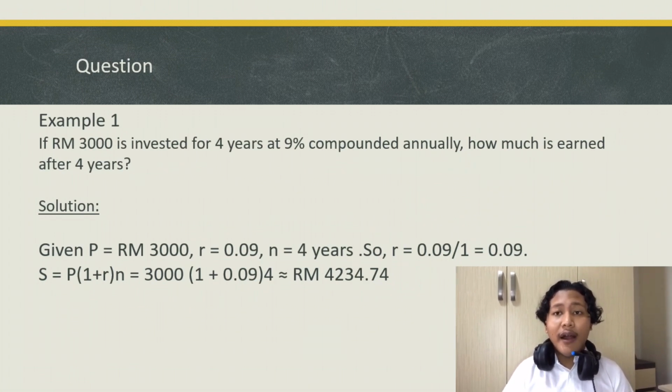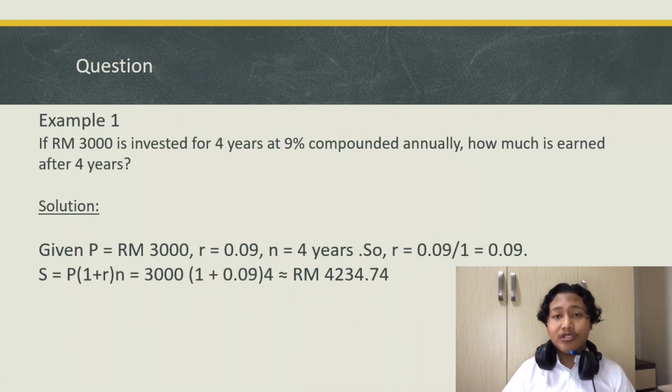For better and deeper understanding, I will give you 2 example questions. The first one is: if RM3000 is invested for 4 years at 9% compounded annually, how much is earned after 4 years? First, we need to remember that we need to find the items under the future value. It is based on the future value formula, S equal to P(1 plus R) to the power of N. What is P? The principal.